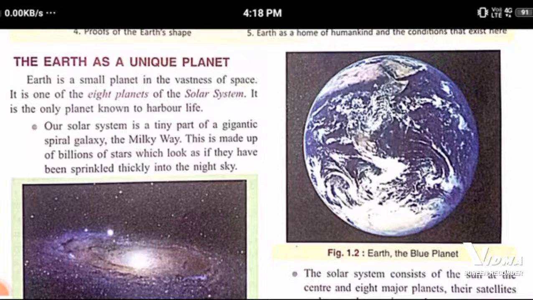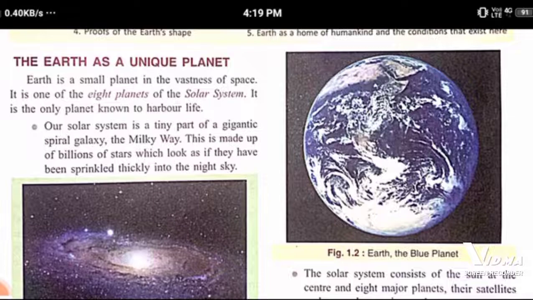So what is this paragraph saying? That Earth is a small planet in the vastness of space. If we are checking it by space, then the Earth is a small planet. It is one of the 8 planets of the solar system. That we know; we have been discussing this from 3rd or 4th standard.